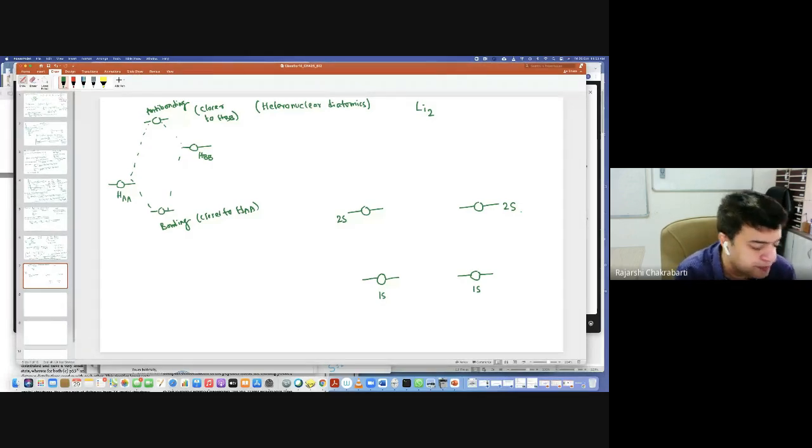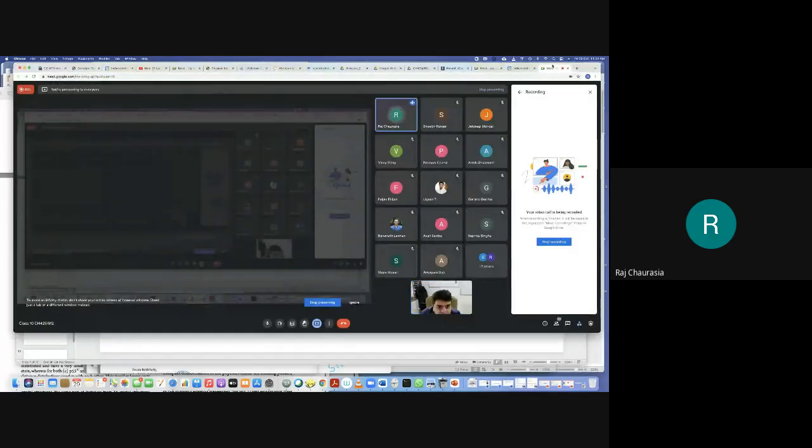Will 2p have the same energy as 2s or different? Tell me. Very simple question, whether 2p would have the same energy as 2s or different. So different.